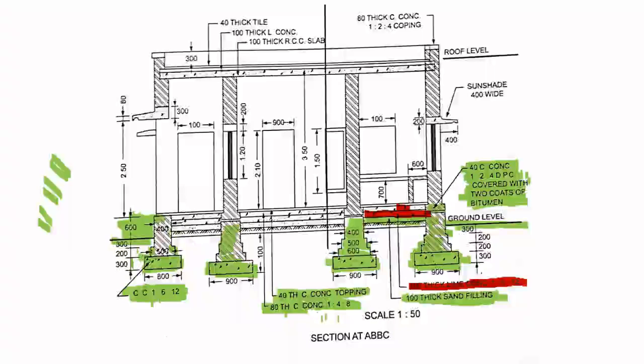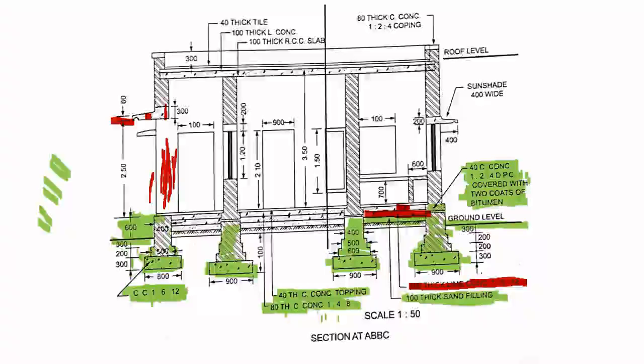Now from this floor level to this level the height is 2.6 meter. And this is 300 mm. See, this is an open wall because this is the veranda, right? Now this thickness is 80 mm.